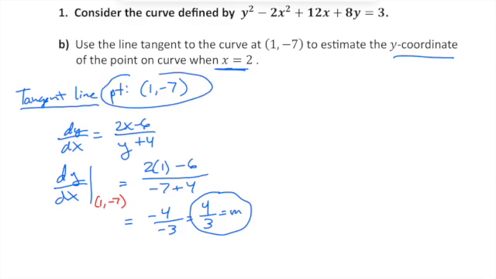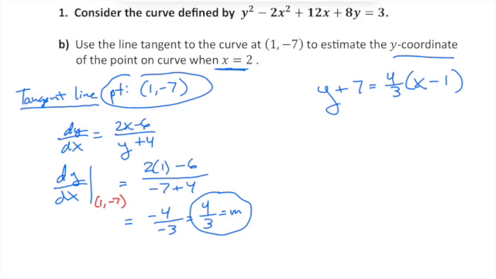So your point is (1, -7), your slope is 4/3, so here is your tangent line, or at least one version of it: y plus 7 equals 4/3 times (x minus 1). So there's the tangent line, and now it says use that to estimate the y-coordinate of the point on the curve when x is equal to 2. This is your classic tangent line approximation.